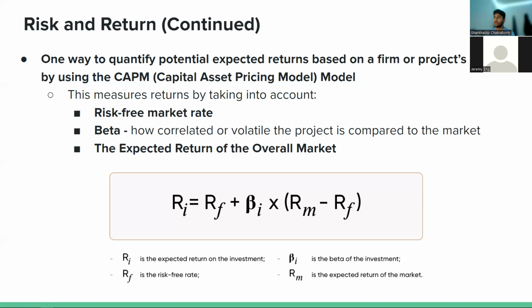So the risk-free market rate is the absolute bare minimum rate that you can get without taking any risks whatsoever. Now, understandably, this rate is going to be low because if you're taking no risk, you might not get zero returns. It's almost a straight line, risk versus return, but it doesn't start at zero.